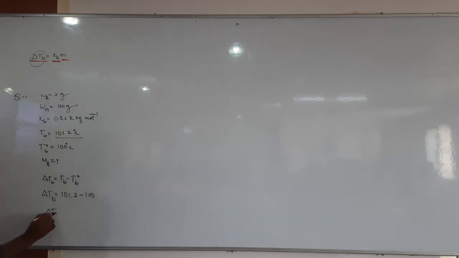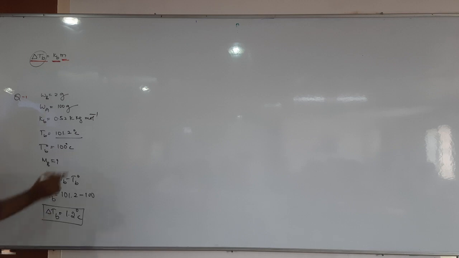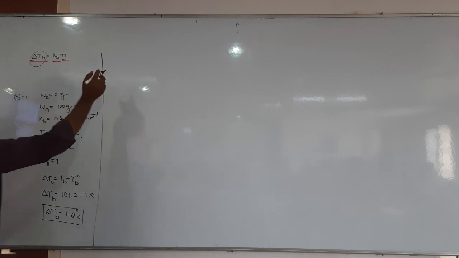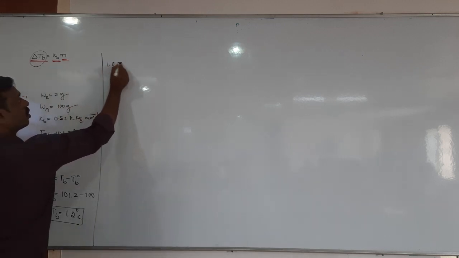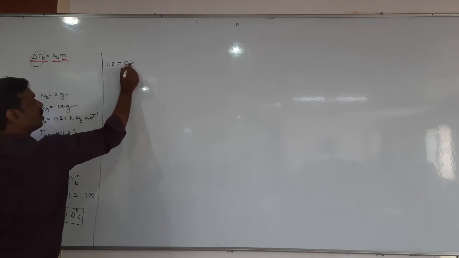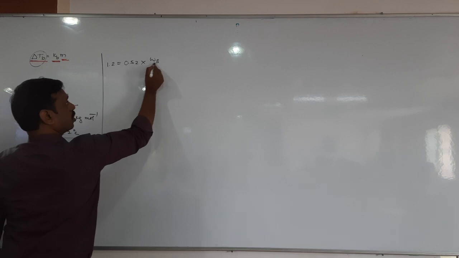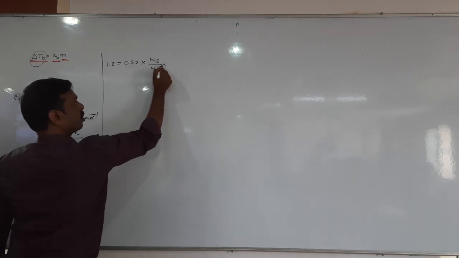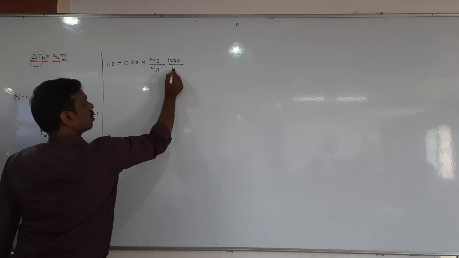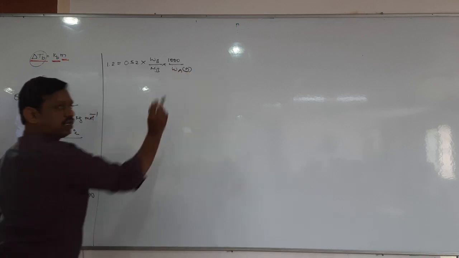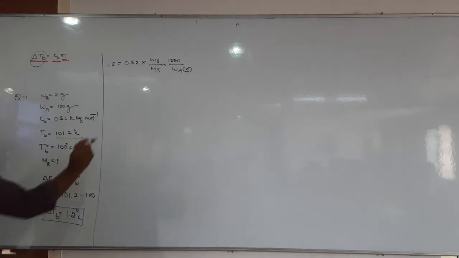So therefore delta TB equals 1.2 degrees Celsius. Then substitute that value here. It is 1.2 equal to Kb value 0.52. Then molality. So what is the molality? Weight of solute Wb by Mb into 1000 divided by Wa in grams.